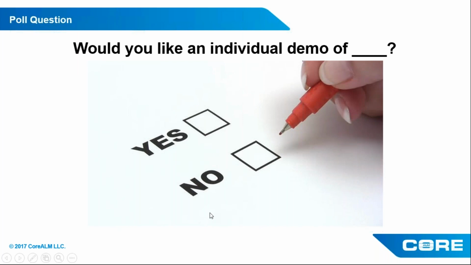So now the next poll question is, and you'll get a list of this, would you like an individual demo? And you'll have a list of items that will show up for you now with the poll to capture that information.